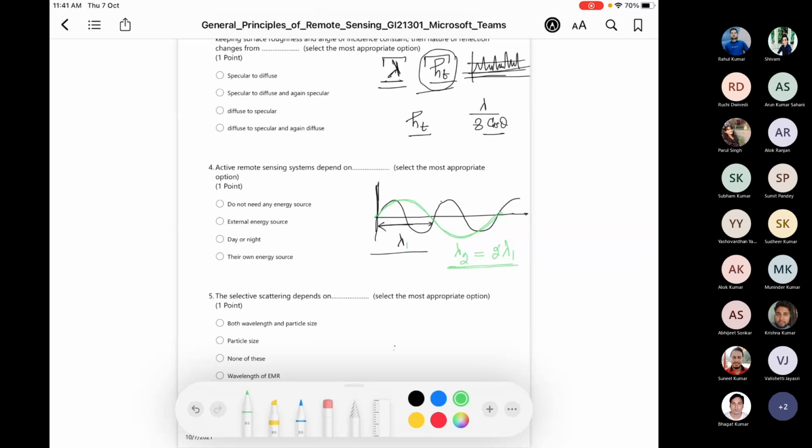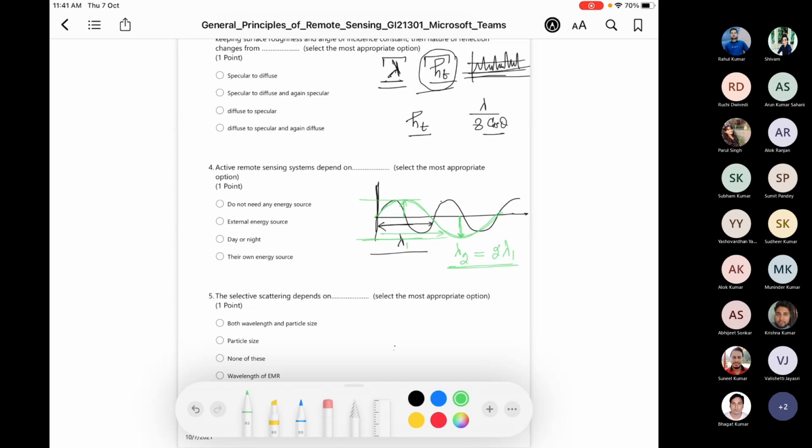The way the energy signal changes between the two maxima, upper side maxima and lower side maxima, is slow if the wavelength is large.